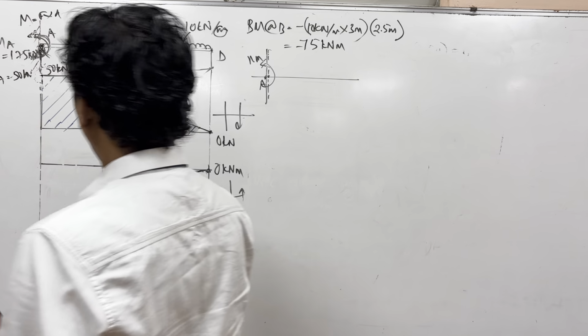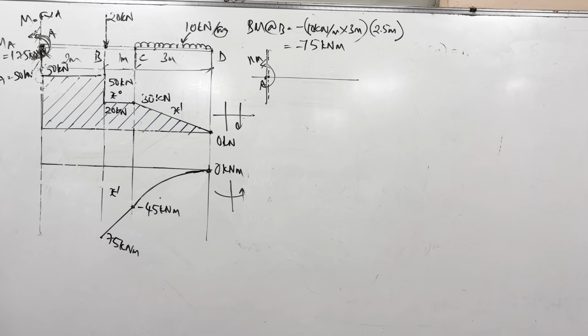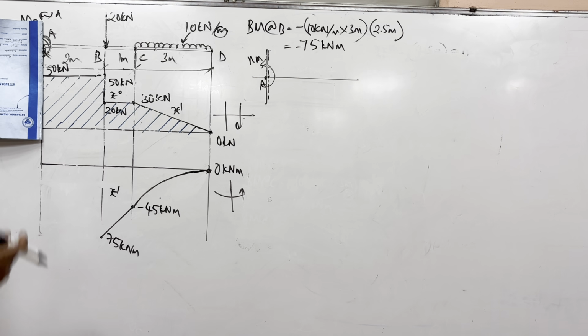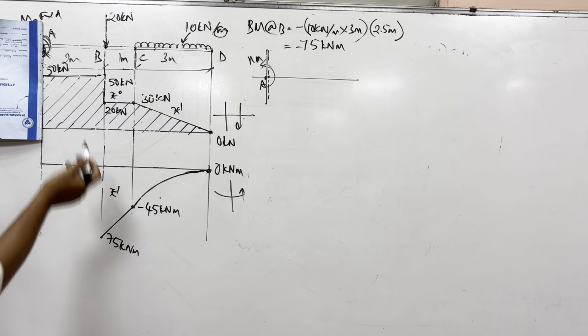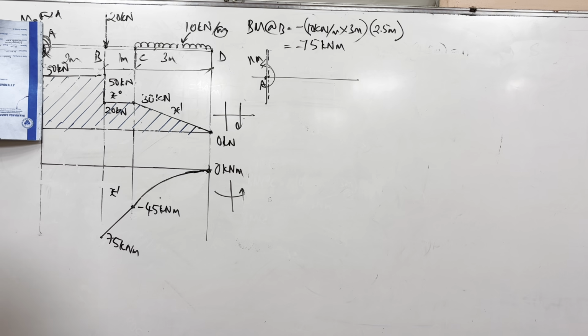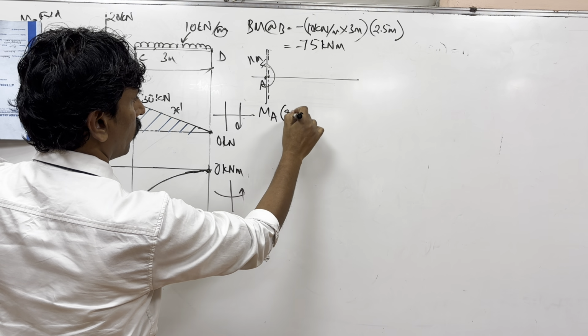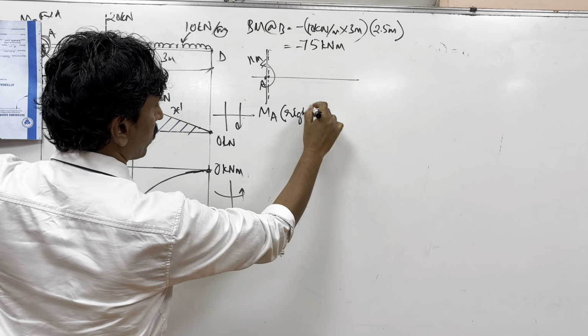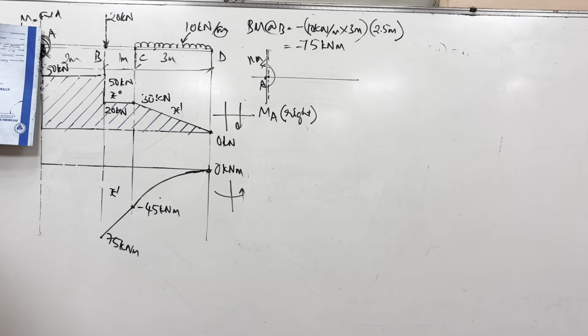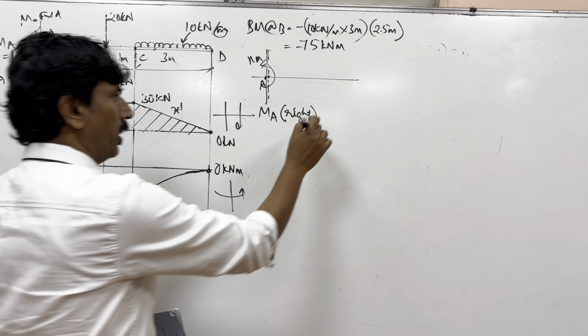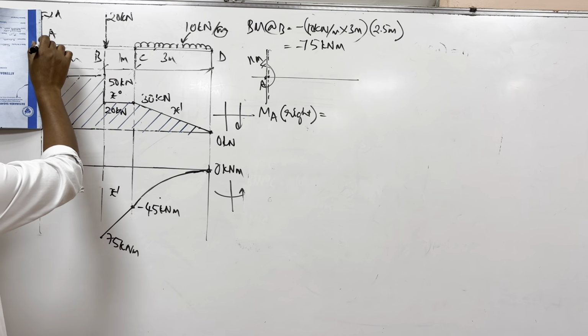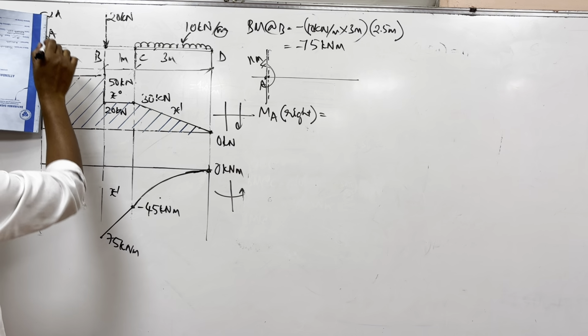So you know that the moment which was there here is already 50. So you don't have to worry, because earlier you had calculated this. Anyway, if I try to do it again, you will get the same answer. So here, moment at A onto the right side of A, about this without considering the moments here.